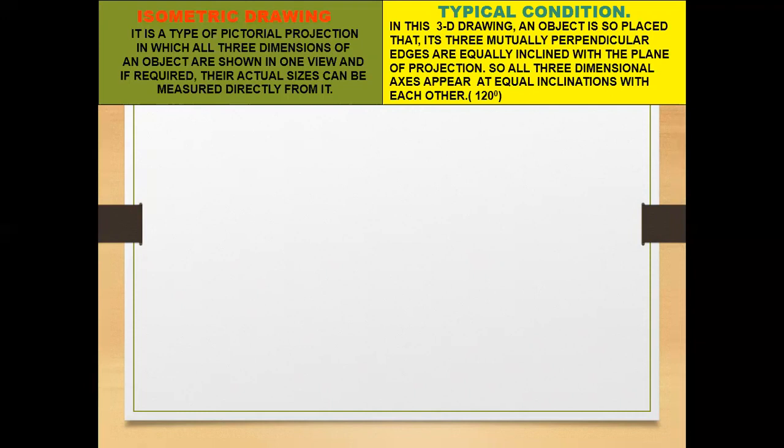The condition is that in this 3D drawing, an object is placed so that its three mutually perpendicular edges are equally inclined with the plane of projection. So all three dimension axes appear at equal inclination with each other, as 120 degrees.